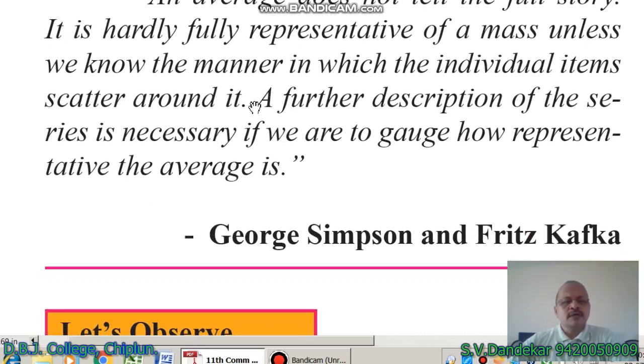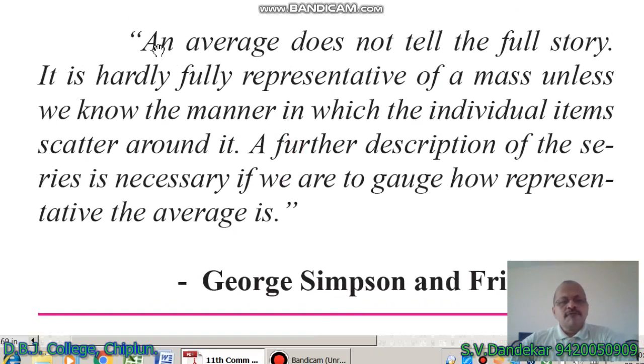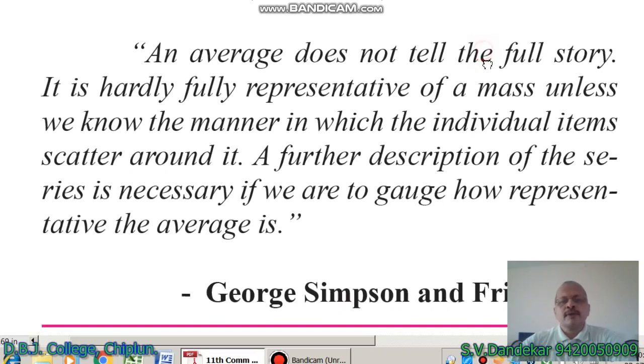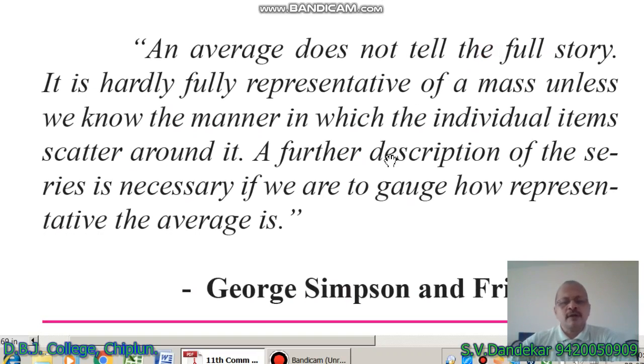This is given by George Simpson and Fritz Kafka. The first line tells the thing: average does not tell the full story. We will take some examples in due course and you will understand this.